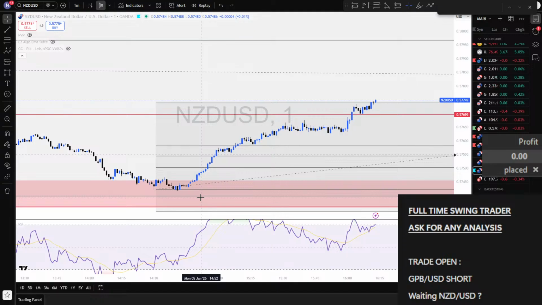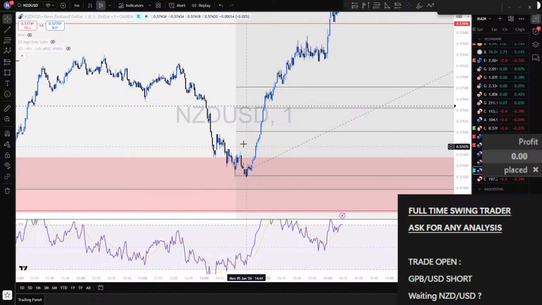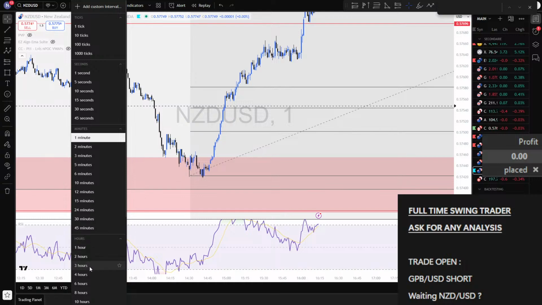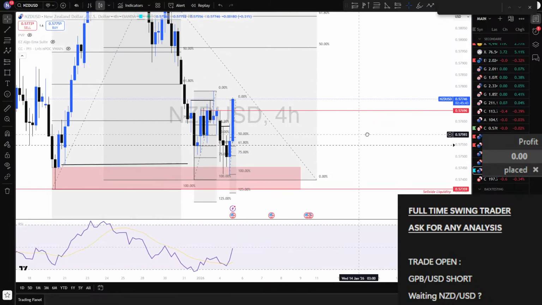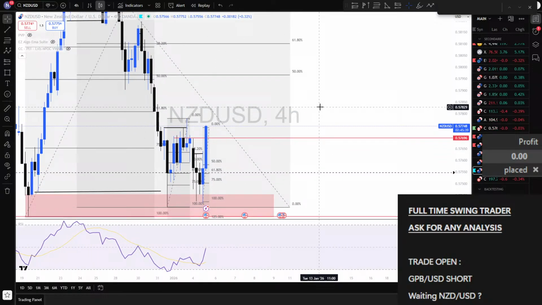But it didn't give me my pullback in 1 minute after all of this. Even so, I could still take this trade and keep it for like 2 days.